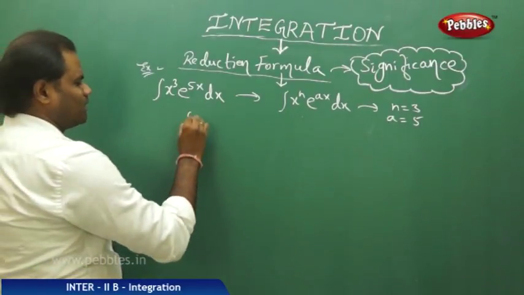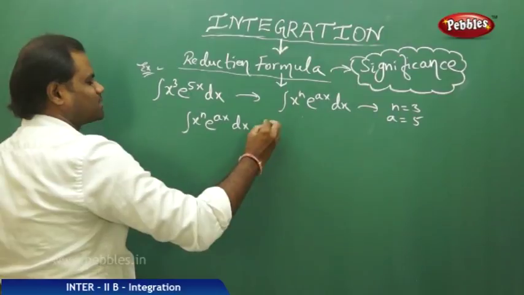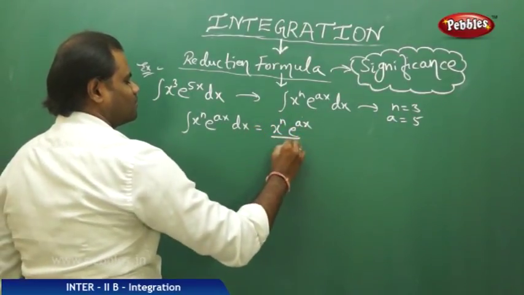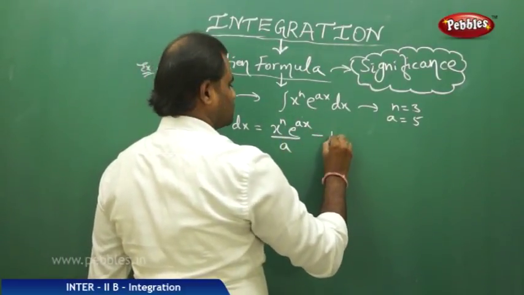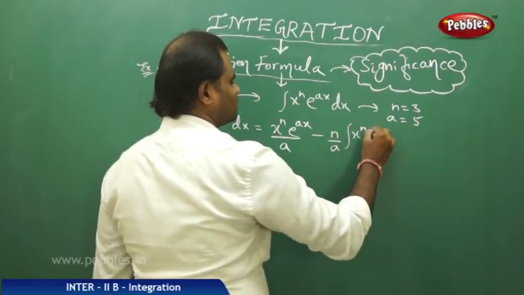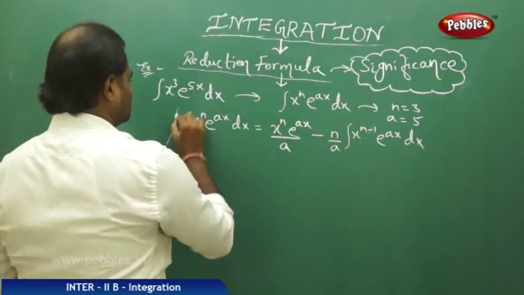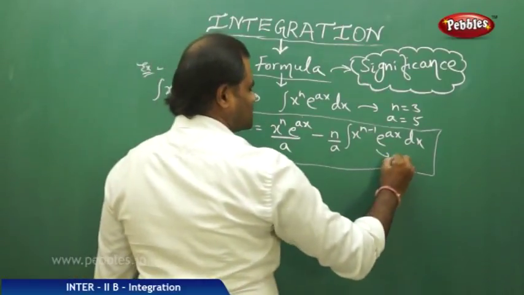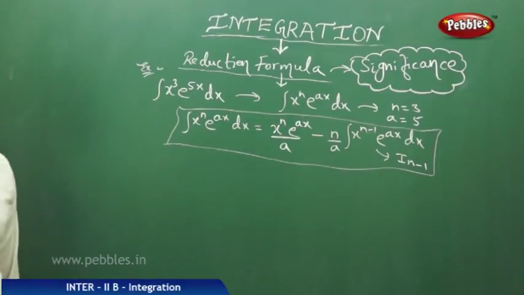Now I have the reduction formula for x power n e power ax dx is x power n e power ax by a minus n by a, that is, this is I n minus 1 is what we get.